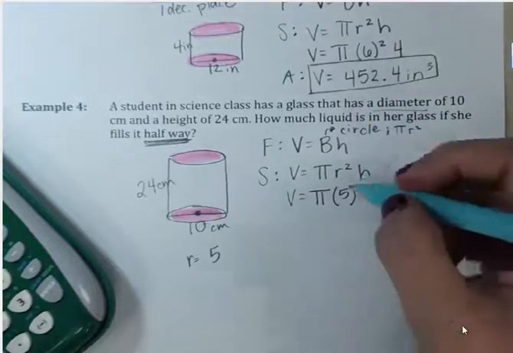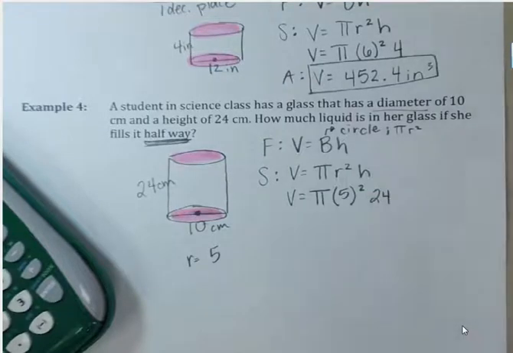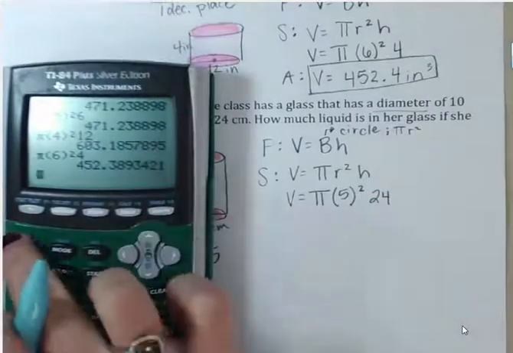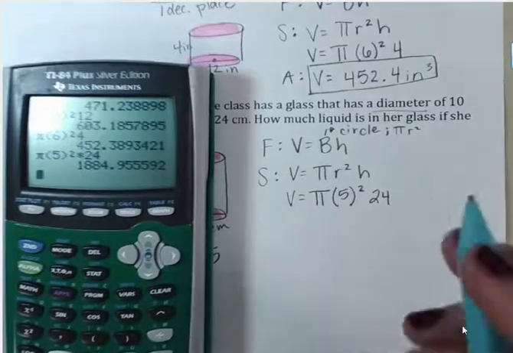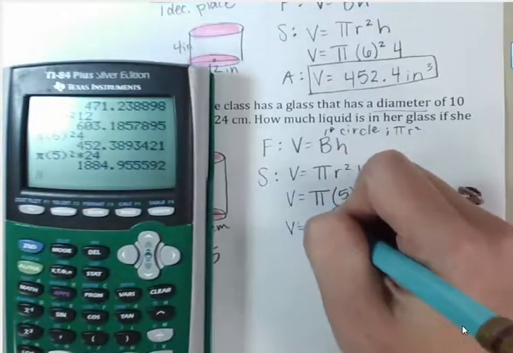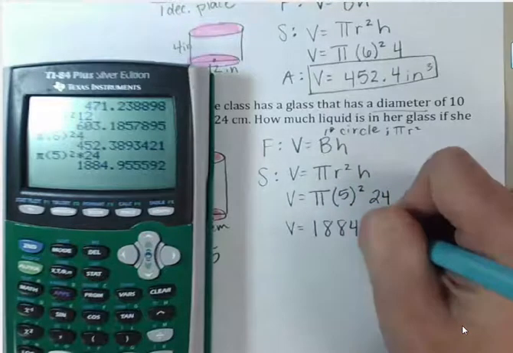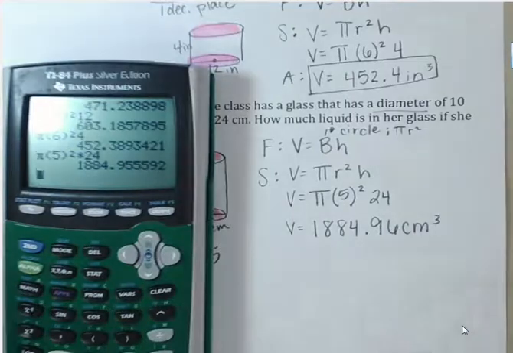And we're going to multiply it by the height, which was 24. Plug that into our calculator. Pi times 5 squared times 24. The volume is equal to 1,884.96 centimeters cubed. Now, is that my answer?